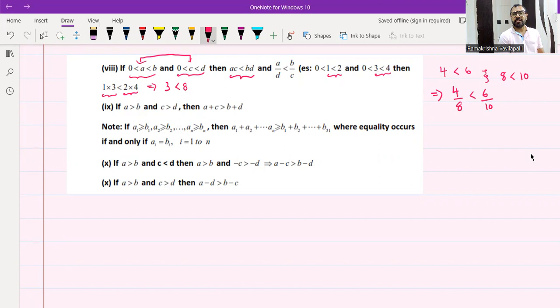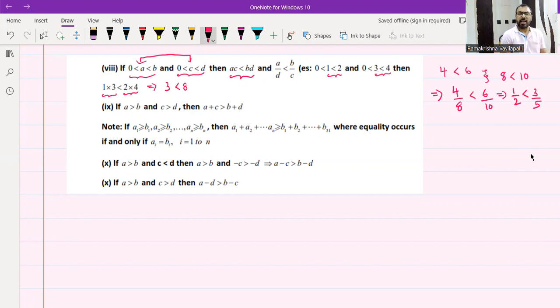You can verify it. This is 1 by 2 less than 3 by 5, or 0.6. So 0.5 is less than 0.6. So two inequalities can be multiplied provided all the quantities must be positive.